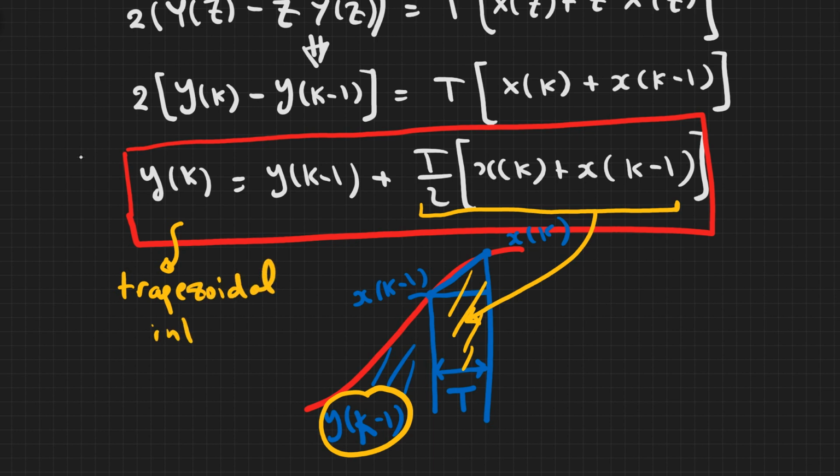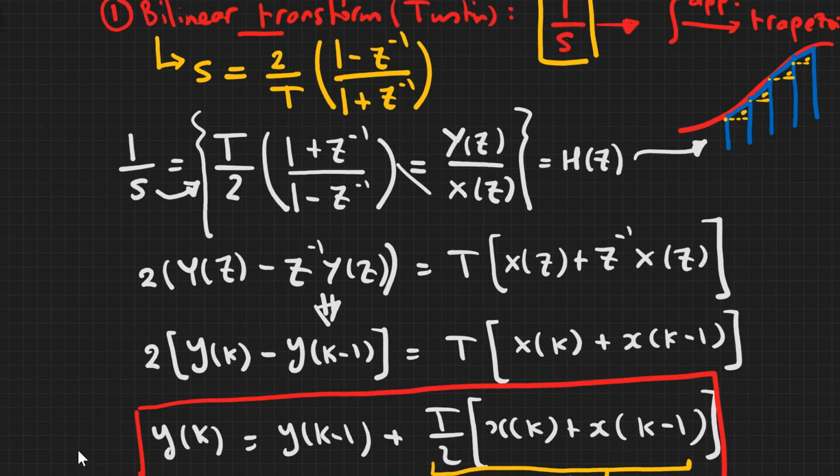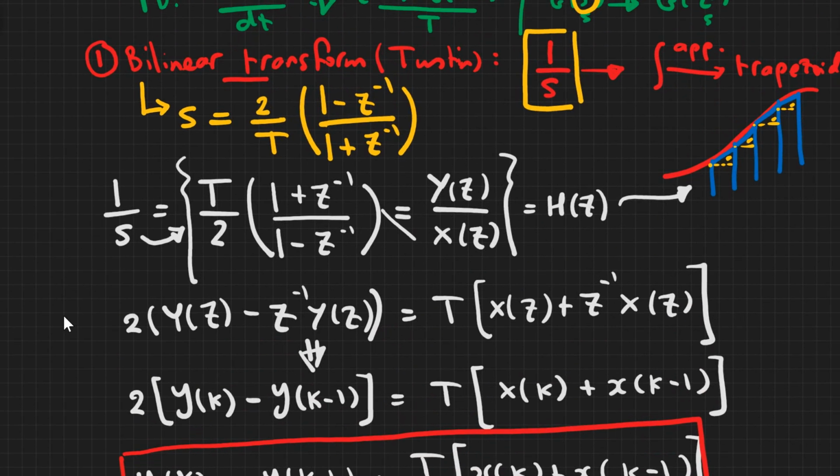Since we have proved that this is a trapezoidal integration, that confirms the fact. If we go back again here, that means we have proved that this transfer function is performing trapezoidal integration, which justifies that we can set it to 1 over s, which is the continuous time integration.